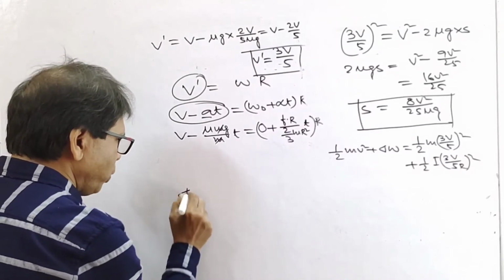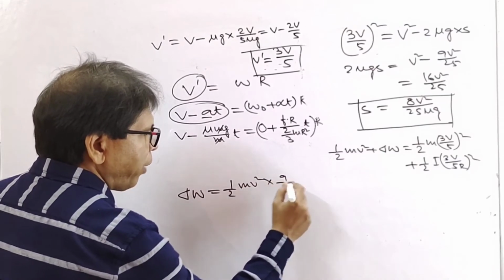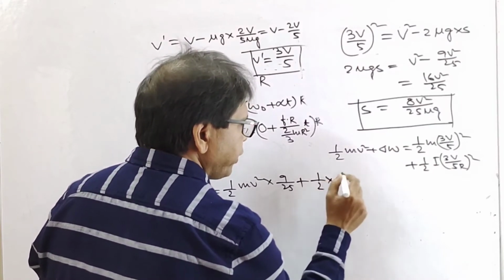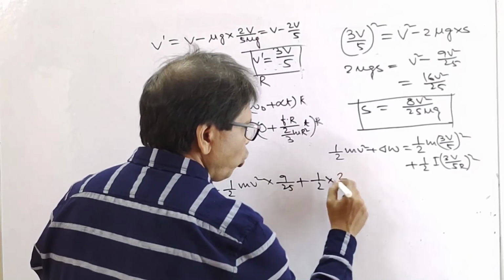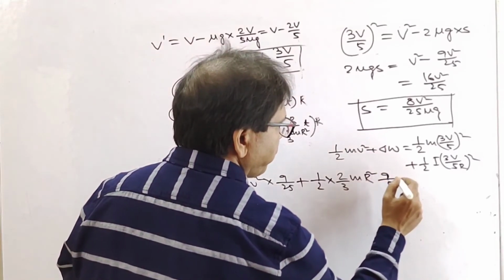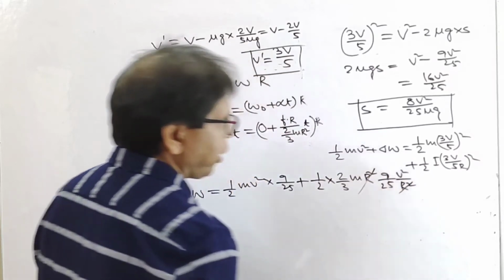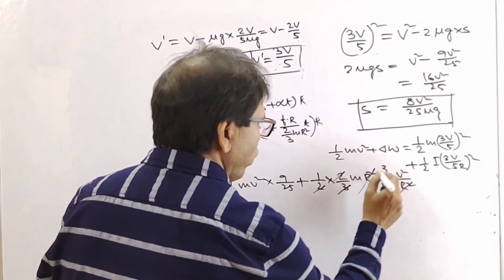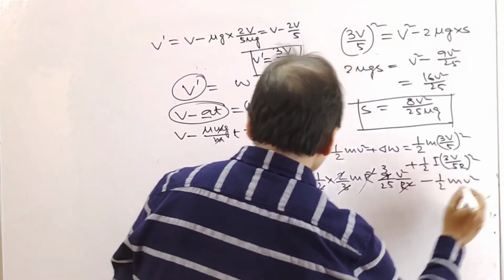Okay, here ΔW equals half mv² into 9 by 25 plus, look at this, half into 2 by 3 mr² into 9 by 25 v² by r². Now r² cancels out. Okay, now look at this, this and these 3 cancel out. Minus half mv². Okay, so look at this.